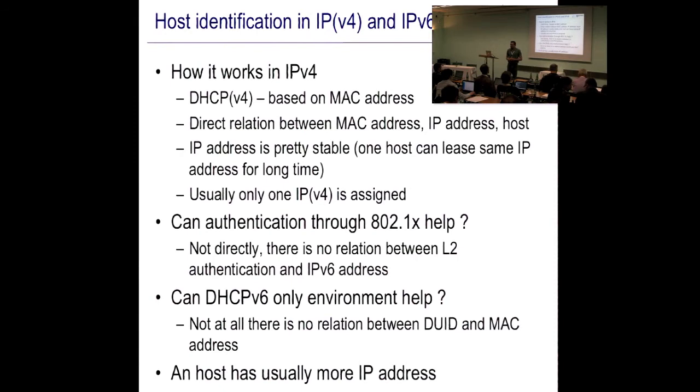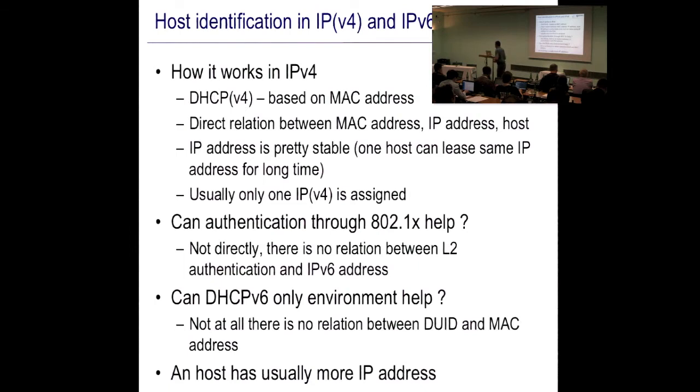Also, we can use the DHCP version 6 environment to stop this auto-configuration issue, but there is another problem, because DHCPv6 doesn't use a MAC address as an identifier, and uses a special host identifier that is created randomly, and we can't predict this number. So we also lose this relation between MAC address and IP address.